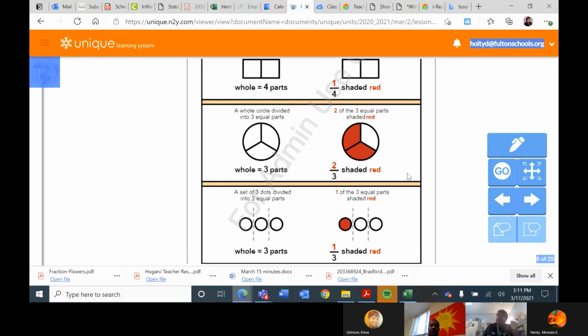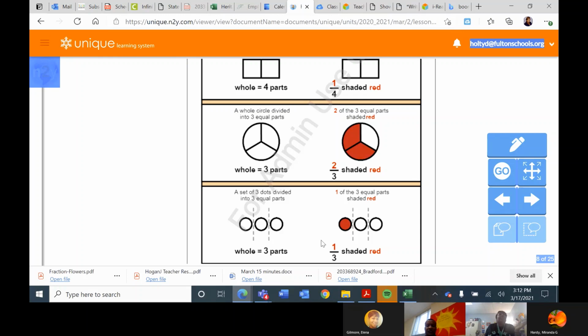All right, boys and girls, you can look around you all day long and think about different things that you can divide into equal parts. Let's just say you wanted to have a candy bar. So these 3 dots we're going to represent as a candy bar, right? I wanted to give it to my sister and my brother, so I had to divide it into 3 parts. 1, 2, 3.